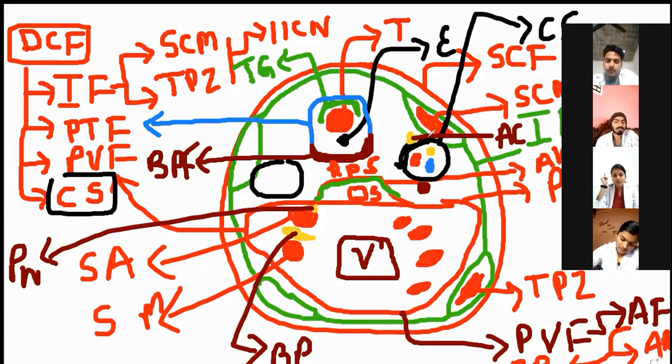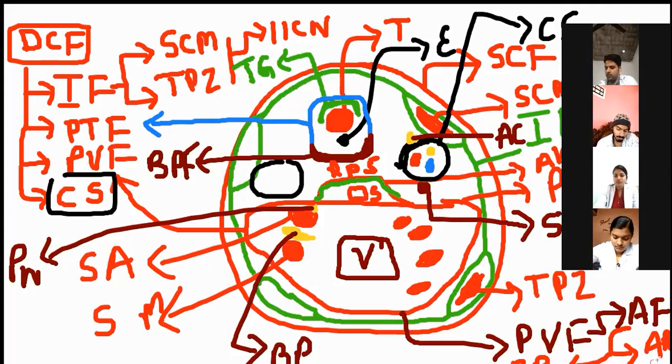So in the anterior part of the carotid sheath, ansa cervicalis is present. In the posterior part of the carotid sheath, what is present? Sympathetic trunk is present. Okay. So all these are your MCQs.